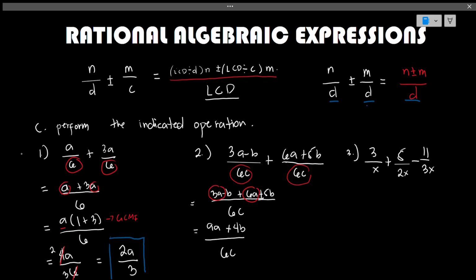Now, can we still simplify this? The answer is no, so this will be your final answer. We cannot factor 9a and 4b, since 9 and 4 don't have a common factor, so we cannot get their GCF. A and b are also not common, so we cannot get their GCF.